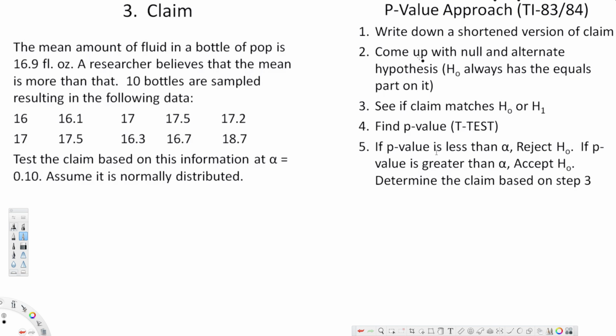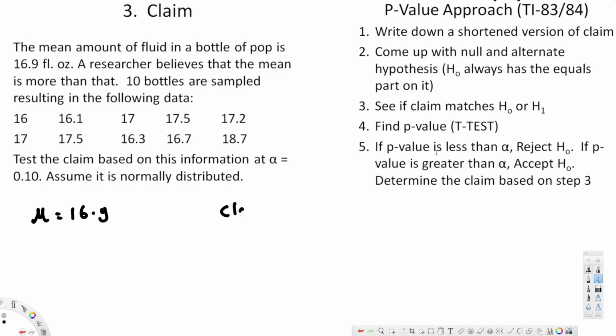Now here we are going to do the p-value approach in order to find whether this claim is rejected or not rejected. Now let's go ahead and write our given information. So first of all, we have the mu value, that is 16.9, and the claim is: a researcher believes that the mean is more than that.